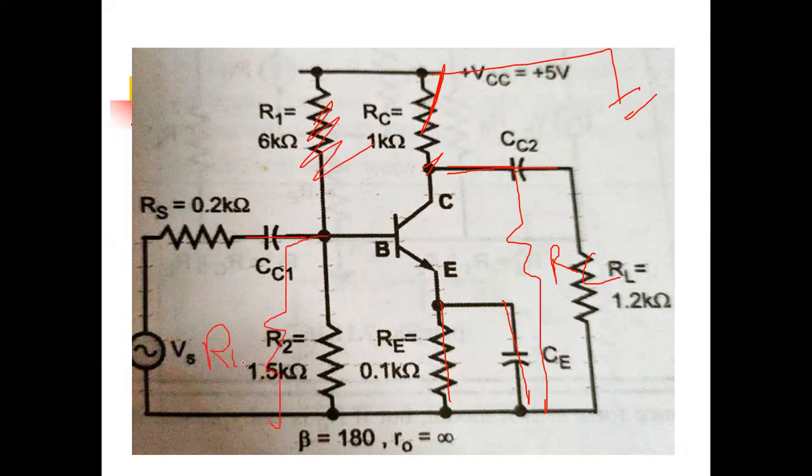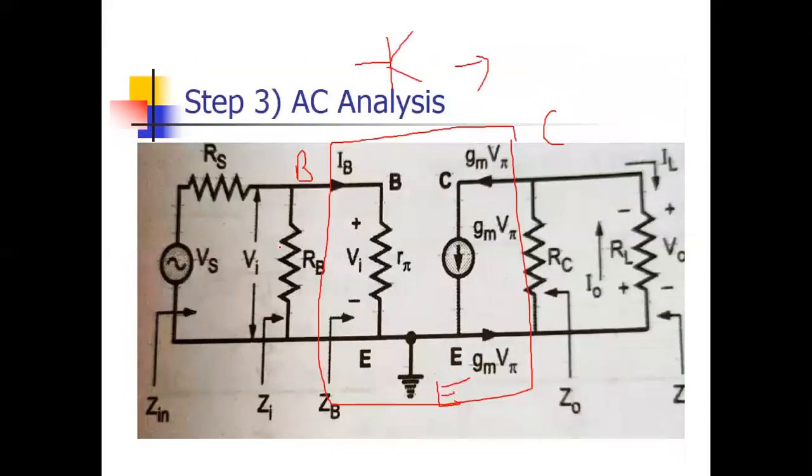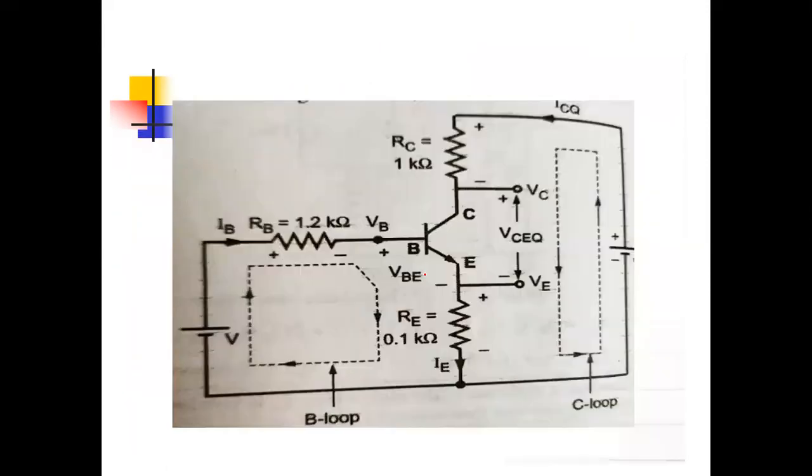Now check only the base side. At the base side, two resistances R1 and R2 are in parallel, then RS and then VS. We can convert R1 and R2 in parallel into RB. And this VS, RS is about the base side. Now check the collector side.